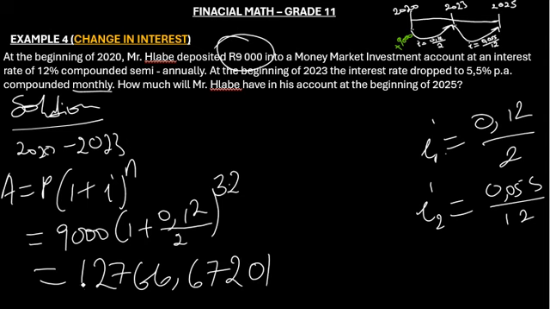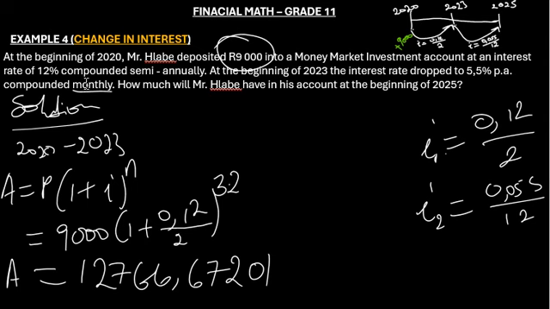So at the end of the first 3 years, in 2023, Mr. Hlabe had this amount of money. Then the interest rate dropped to 5.5%, that is from 2023 to 2025. So let's keep this answer.